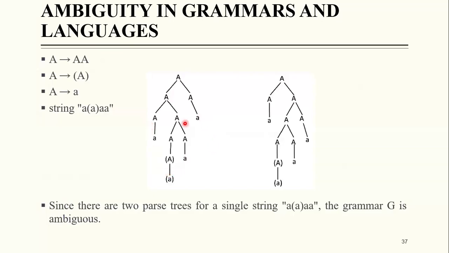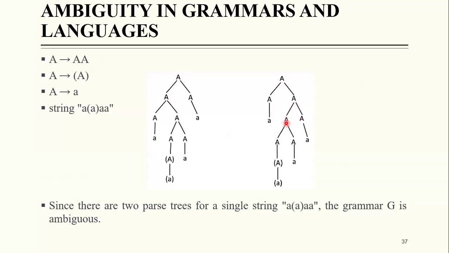Let us see whether there is any other possibility for getting the same input string by using the parse tree method with the same grammar. So non-terminal A derives AA, and at the start itself I replace the left one with terminal a. In the last step, on the right-hand side, we have chosen A. The right-hand side non-terminal is derived further as AA.